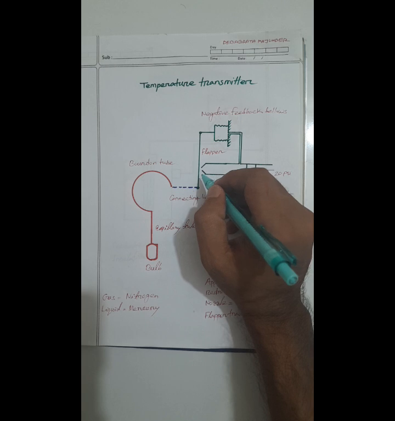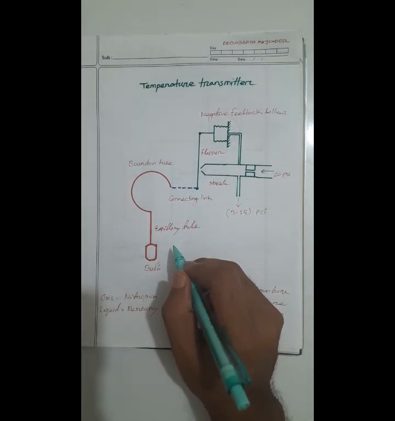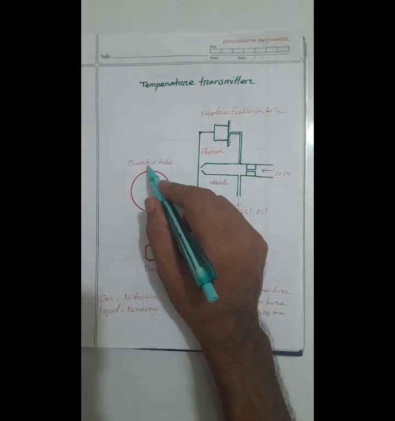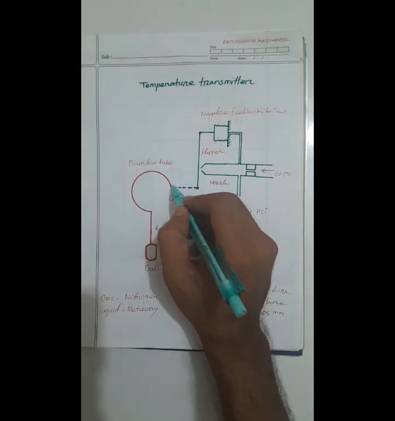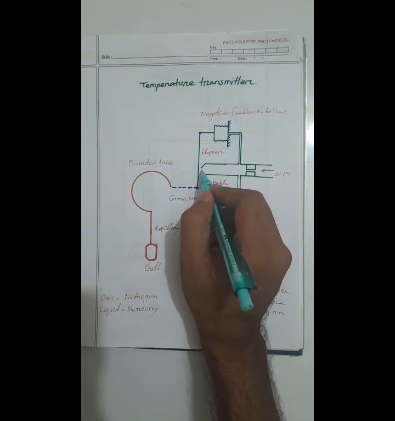Again I am telling, when the temperature of the tank increases, then the expanded Bourdon tube end causes the movement of this flapper towards the nozzle.